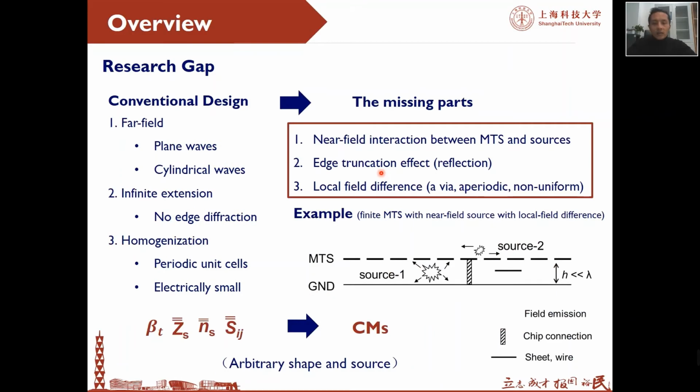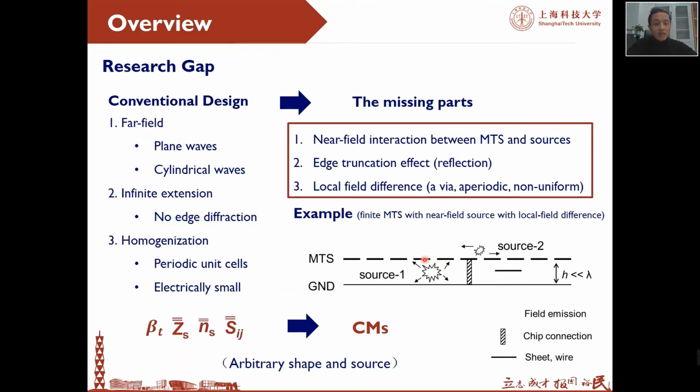But the research gap is like this. In conventional designs, the three conditions are assumed, and the missing part is the near field interaction between the metasurface and sources. Let's take a very simple example. Let's assume there is a finite metasurface with only a few unit cells there. So the behavior may be very interesting, but there is no infinite extension. So in that way, we have the edge truncation effect here.